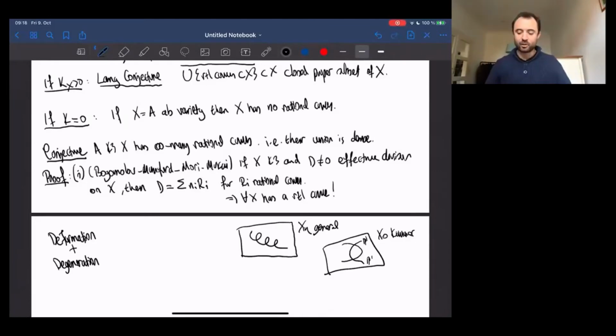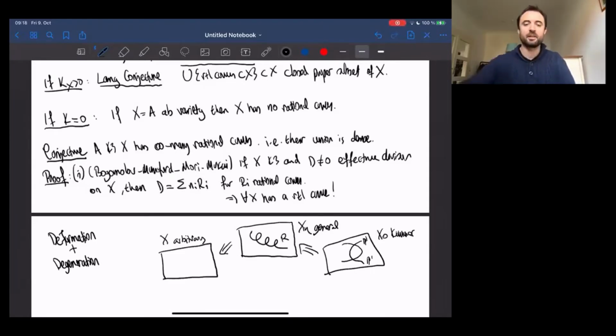Okay, and now that I have it on the general K3, since the moduli space is irreducible, I can pick my arbitrary K3 and specialize this rational curve R that I just constructed to my arbitrary K3. And here, of course, it might break up into 1,000 pieces, but I'll be getting at least one.